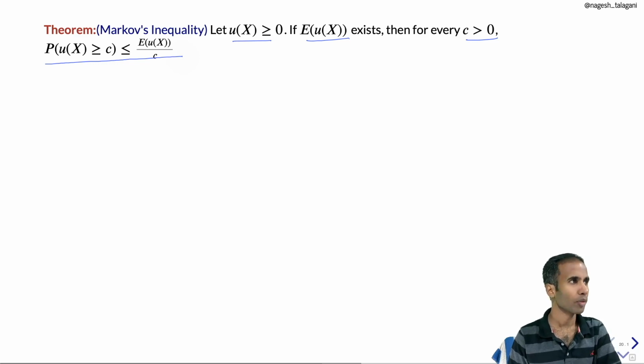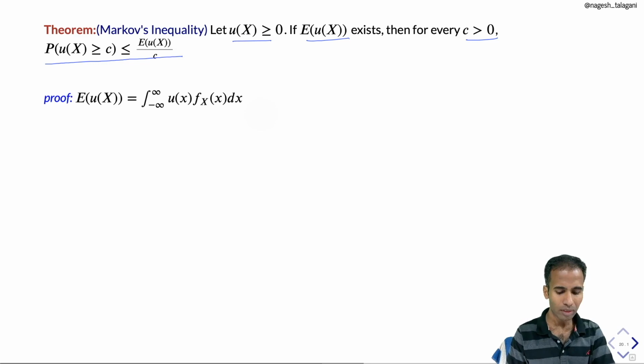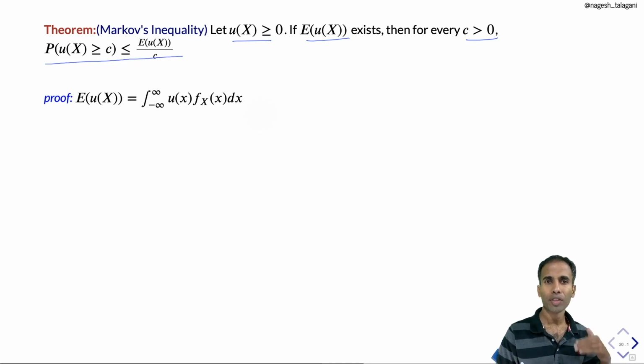Okay, let's prove this. We are going to prove this theorem in the continuous case. Similarly, you can prove it in the discrete case. Proof. Let us start with the expectation of u(x), which exists. So we can compute it like this. The expectation of u(x) is the integral from minus infinity to infinity of u(x) f(x) dx, where f is the PDF of x.